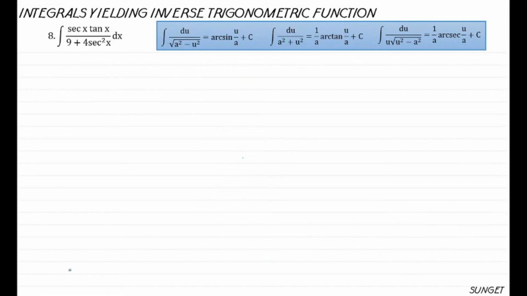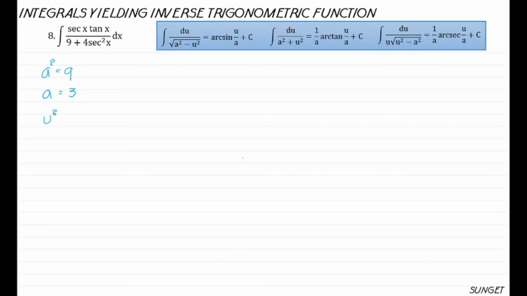Number 8, evaluate the integral of secant x times tangent x over 9 plus 4 secant squared x dx. First is to solve for the value of a and the value of u. So a squared is equal to 9. Get the square root of both sides, so a is equal to 3.